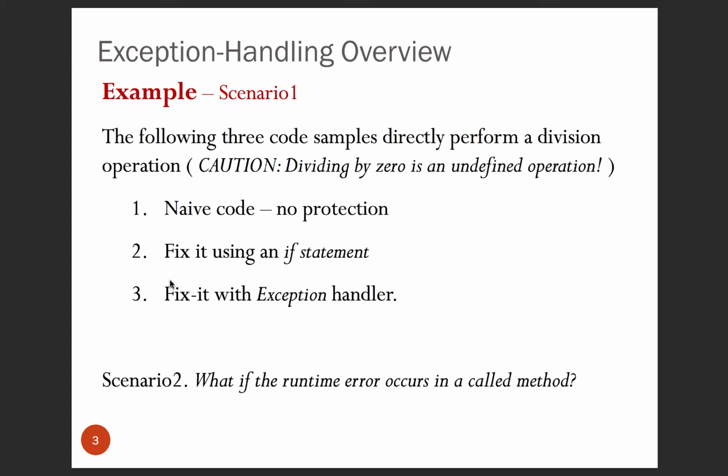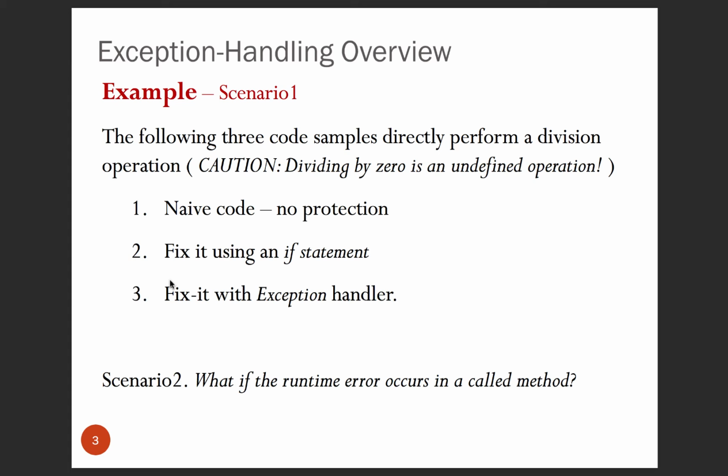So if you write a program for doing those things, and you have naive code, you don't have any protection to handle the situation. Then if you run the program, and a value is being divided by zero, at that time your program will be terminated abnormally.